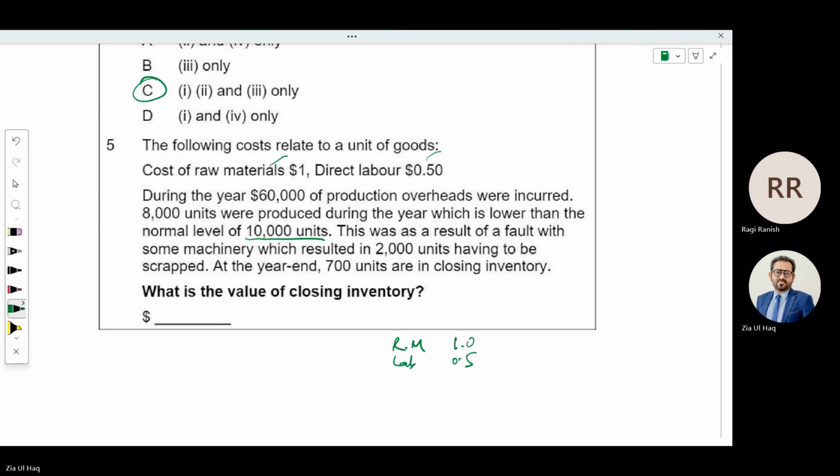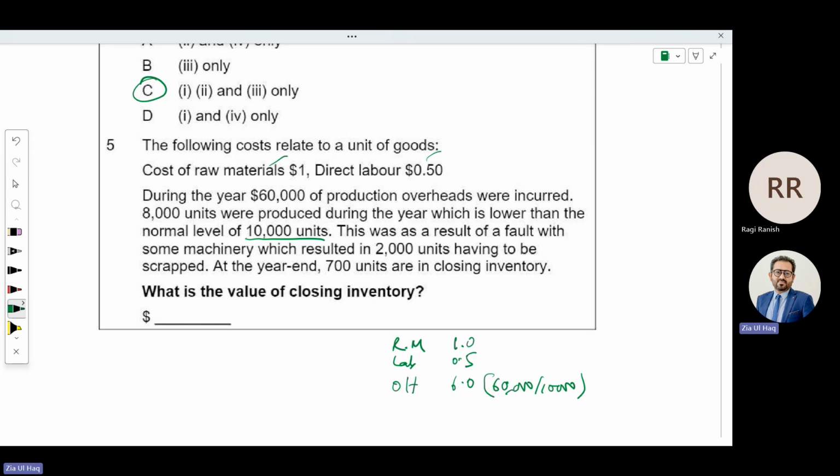This means overhead should be 60,000 divided by 10,000 normal activity, and that is 6.0. This was as a result of a fault with some machinery, which resulted in 2,000 units having to be scrapped. That's why they actually produce 8,000 units, but their normal activity level is to produce 10,000.